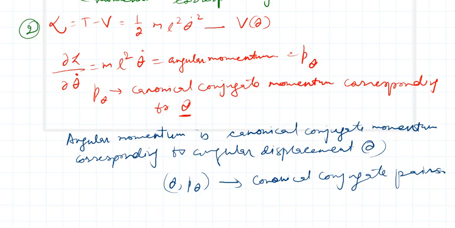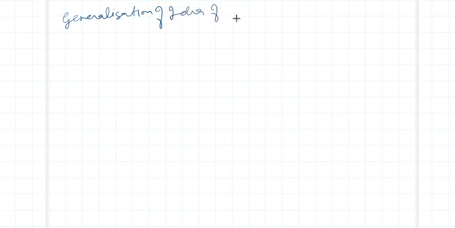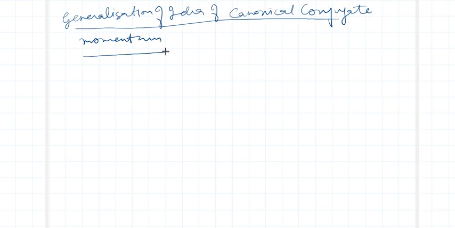So this is all about it. Now let me generalize this idea of canonical conjugate momentum. Let us understand it now.